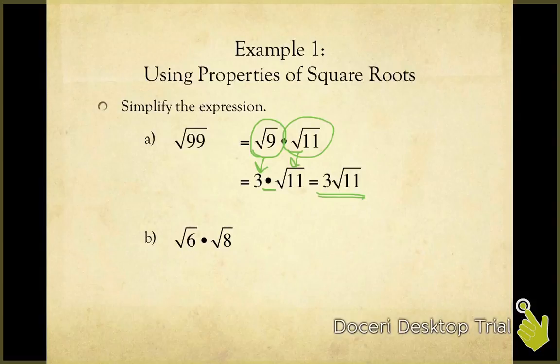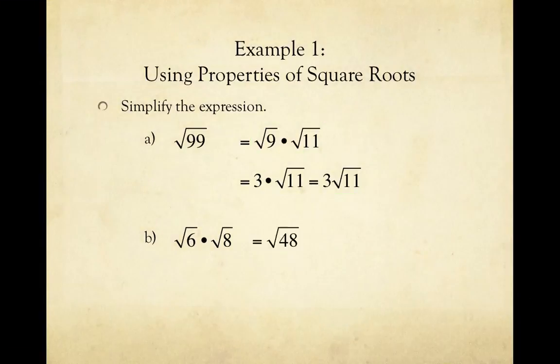So in order to simplify things as much as possible, we're going to again use the product property, but back up a step, in order to actually combine our two square roots together. So we're going to take the square root of 6 times the square root of 8 and turn that into the square root of 48.